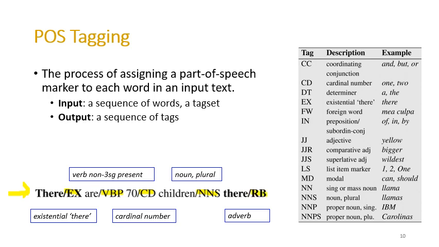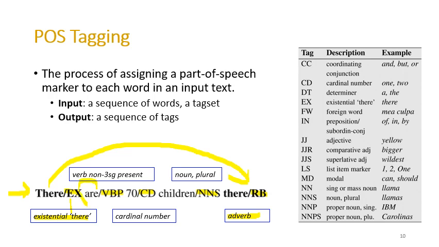Here the correct tags are: the first there is an existential there. It is possible that there can also be an adverb, but in this sentence, the first there is an existential there, and the last there is an adverb.